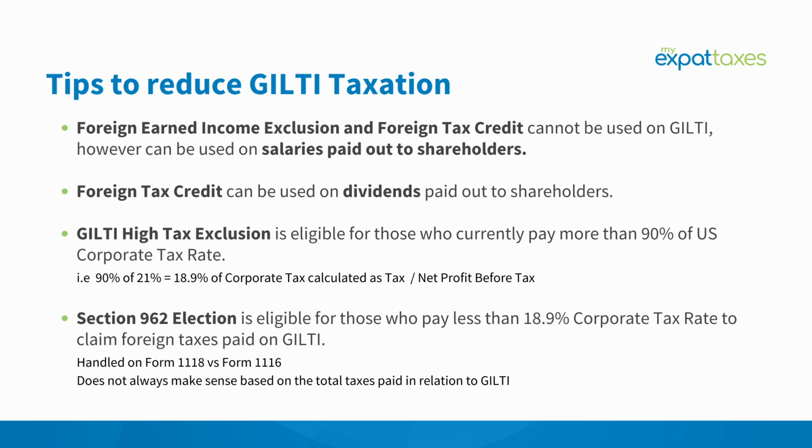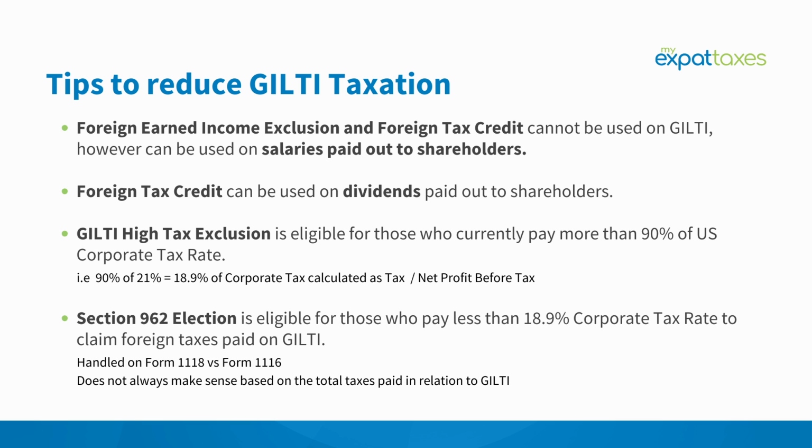Remember, foreign earned income exclusion, foreign tax credit, and personal foreign tax credit cannot be used on GILTI. But salaries that are paid out can use the foreign earned income exclusion. So this is pretty useful for those living or having companies in low corporate tax rate countries. Okay, you get what I mean. Dividends are also an option. And like I said, there's a GILTI high tax exclusion.